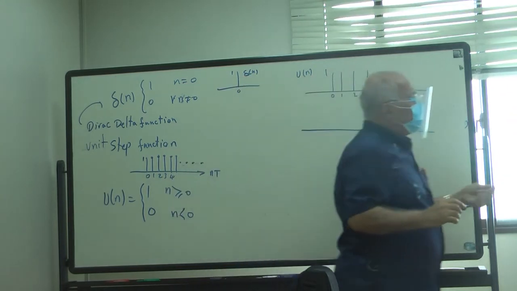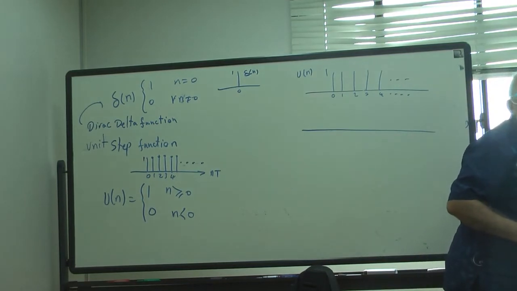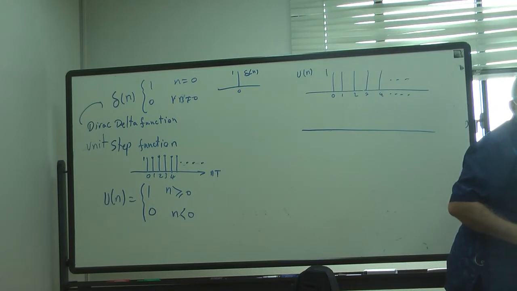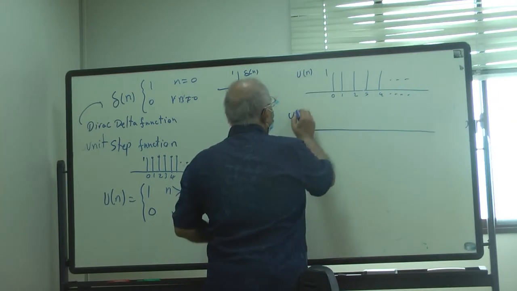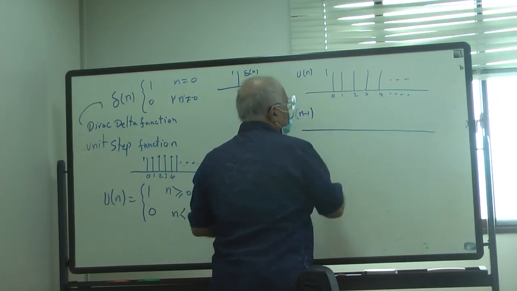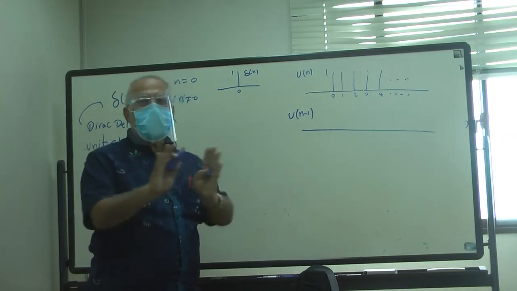So argument 0 is 1, where this argument is 0. If you want to make a u n minus 1, it means you are shifting to the right. You shift the data to the right.